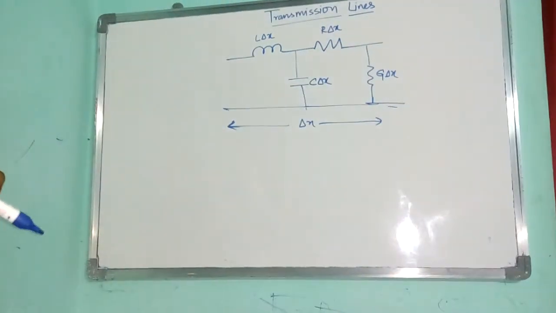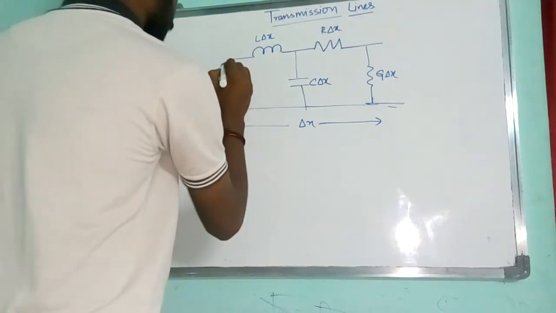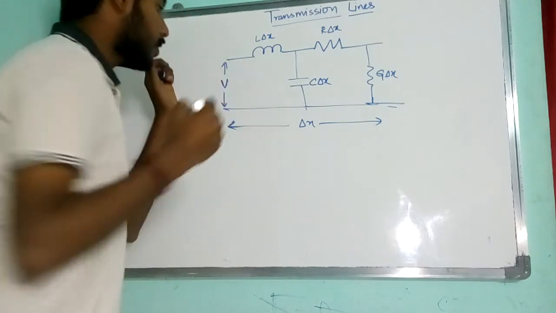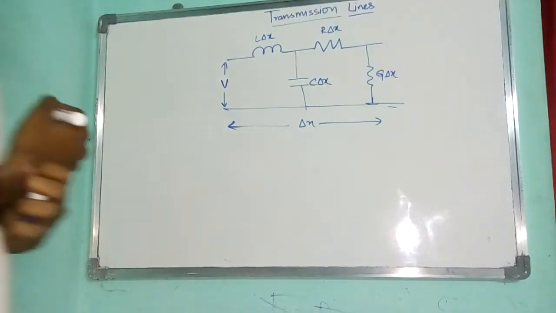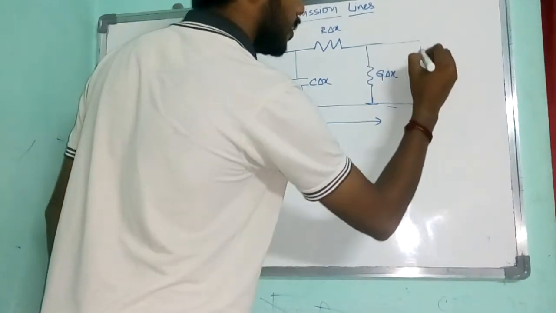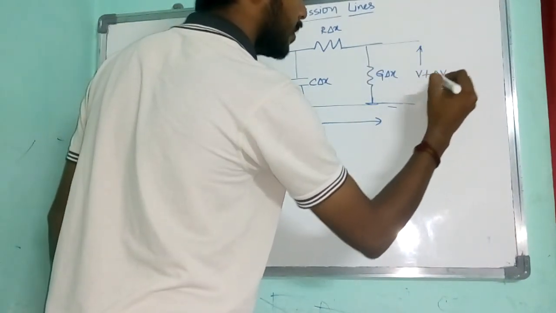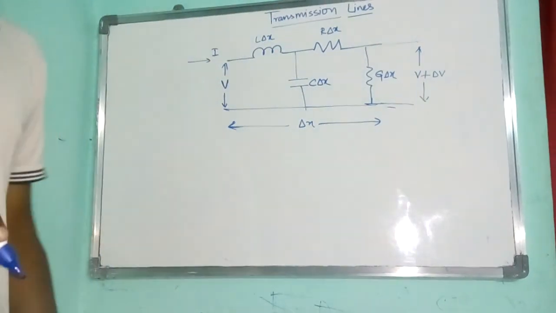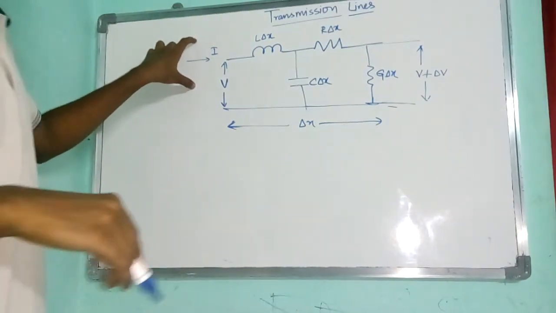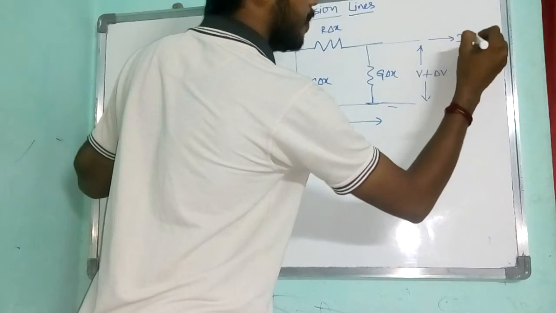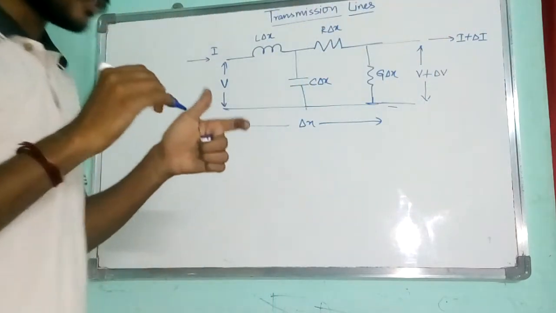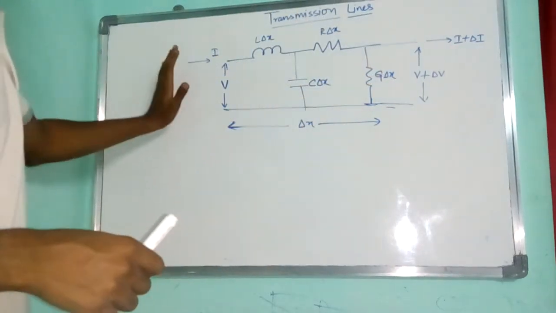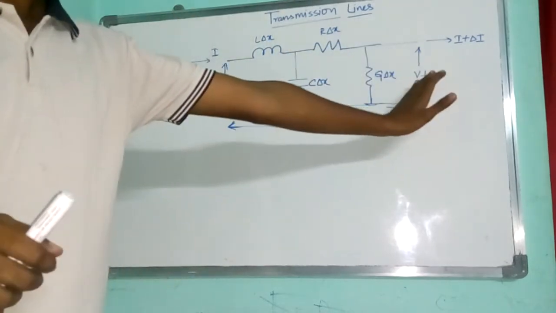Okay, now here I am applying a voltage of V. Then at the output I am expecting a voltage of V plus delta V. Similarly, I am applying a current I. Whenever I apply voltage V, I get a current I, and I am taking the output current as I plus delta I. Because we have the resistive and reactive elements, it's not the complete energy which we are giving that will get at the output part.